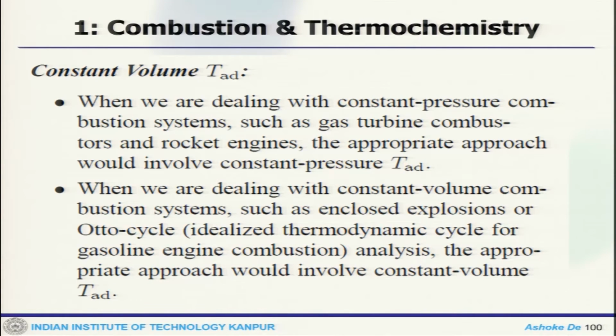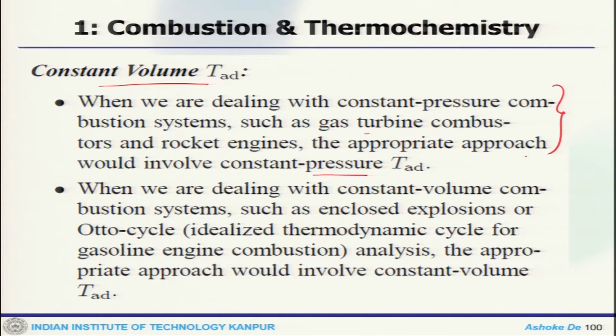Now, the second one is the constant volume adiabatic flame temperature. When we deal with a constant pressure combustion system such as a gas turbine or rocket engine, the appropriate approach would involve the constant pressure adiabatic flame temperature.